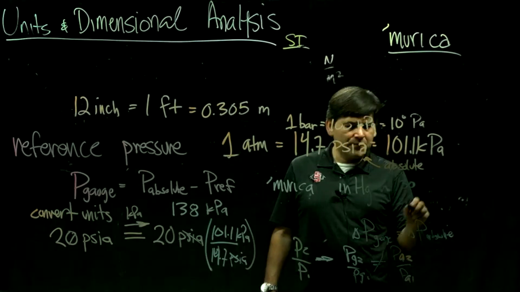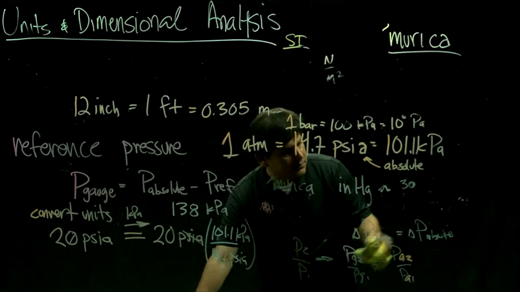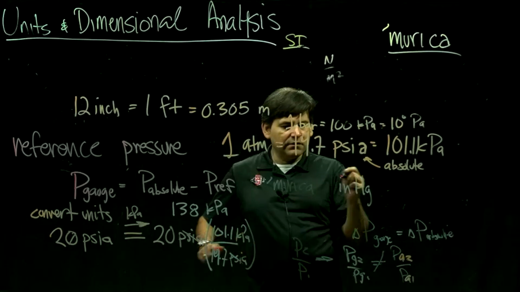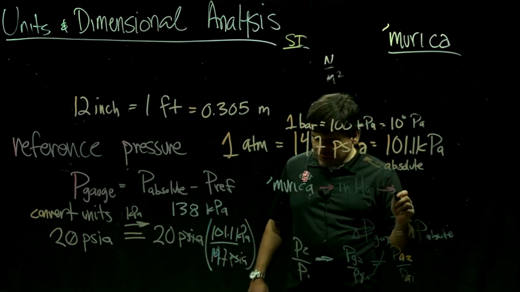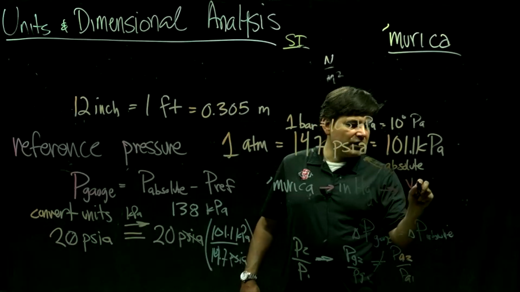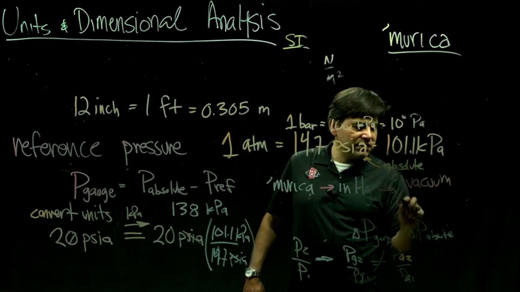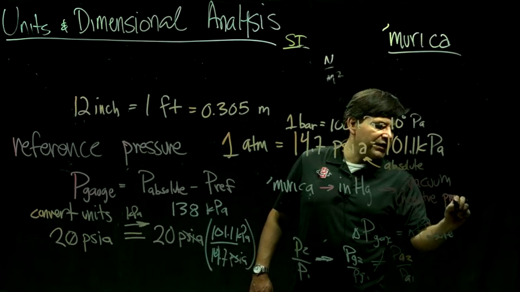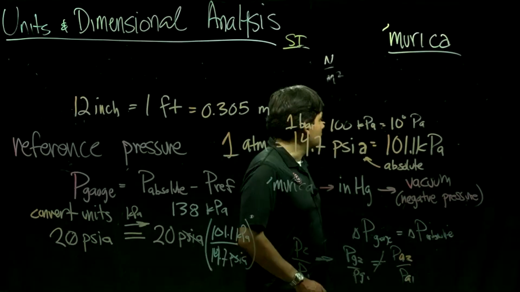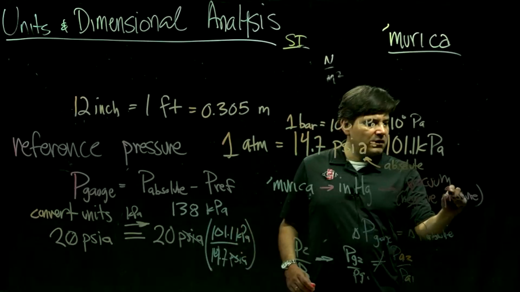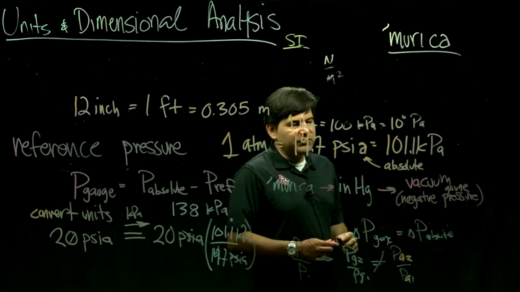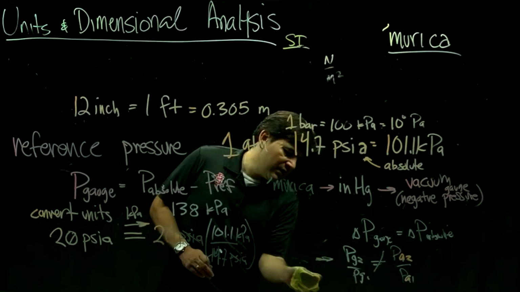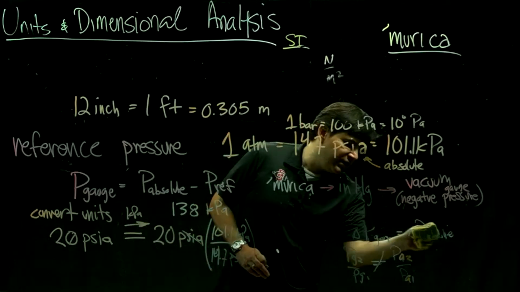When you hear inches of mercury, you should think America, and this is vacuum. Talking about vacuum systems, what does that mean? It means negative gauge pressure. It's below the ambient pressure. That's a common way to describe the pressure under negative gauge: inches of mercury.